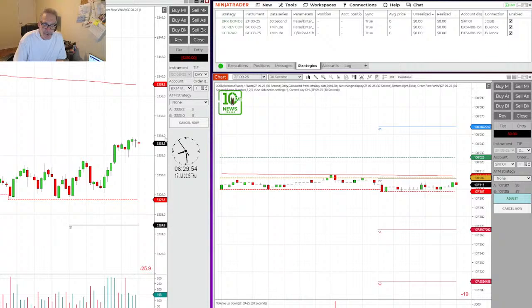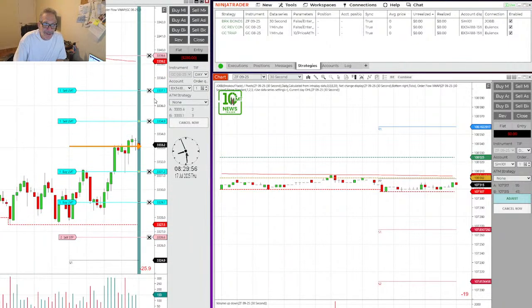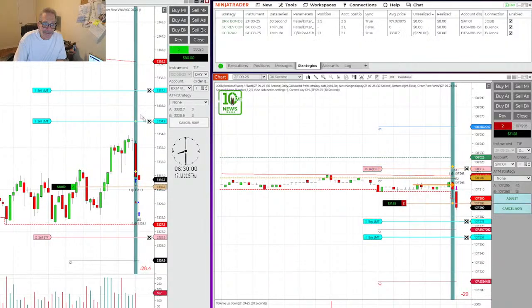Here comes our orders. Okay, there's our orders. Okay, very choppy. It filled both. I'm not yet moving my stop to safety. I would like to. If I can get my stop to safety, it's unbelievably choppy.